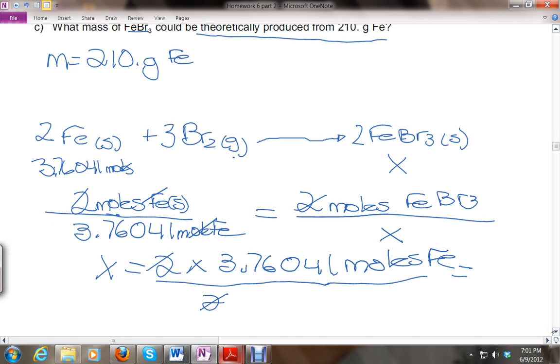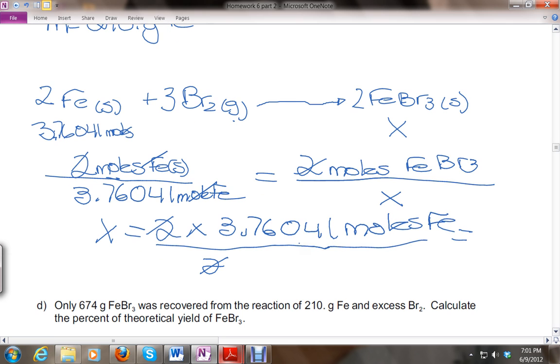The moles of iron bromide are going to be 3.76041.